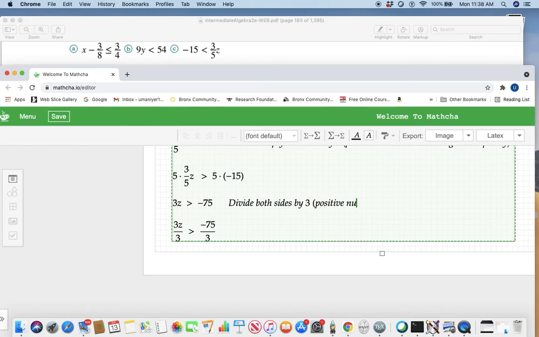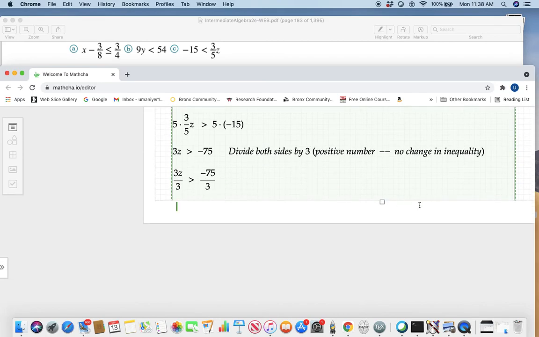Three is a positive number, so no change in inequality. This tells me z is greater than negative 25.